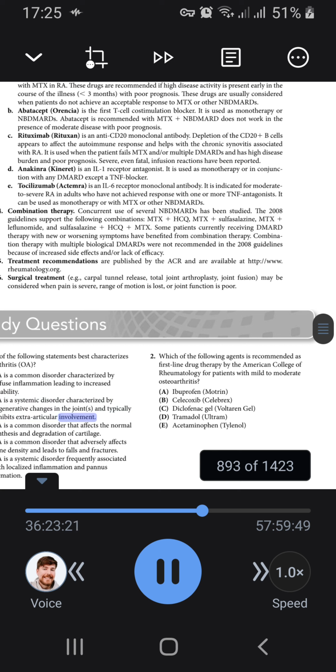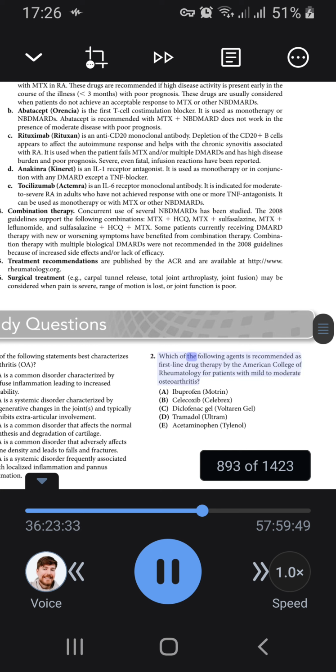C. OA is a common disorder that affects the normal synthesis and degradation of cartilage. D. OA is a common disorder that adversely affects bone density and leads to falls and fractures. E. OA is a systemic disorder frequently associated with localized inflammation and pannus formation.